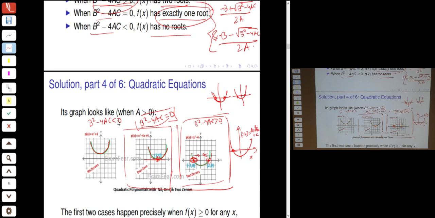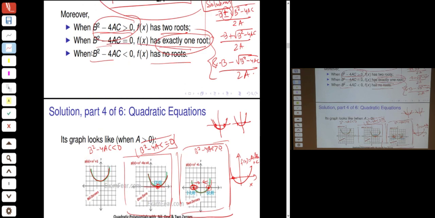And if the graph of a function does not intersect the x axis at all, then if you look at the equation f(x) equal to 0, it will have no solutions. So, when b squared minus 4ac is less than 0, it has no solutions or no roots. Okay. So, this is the correspondence.